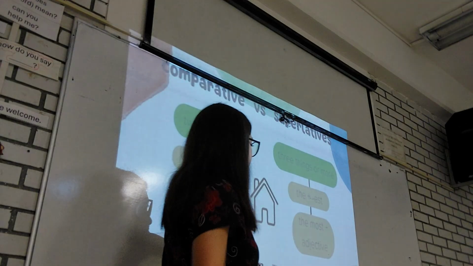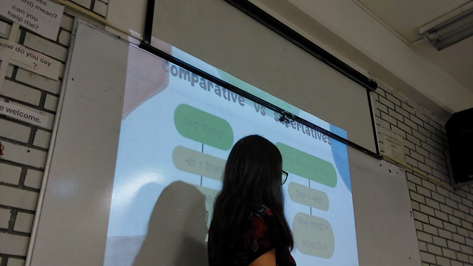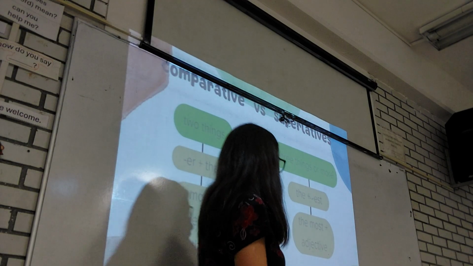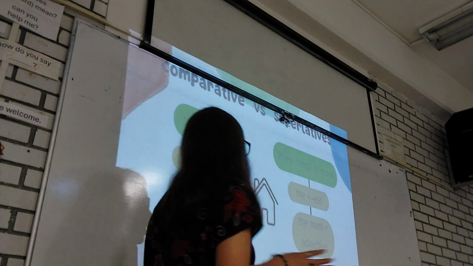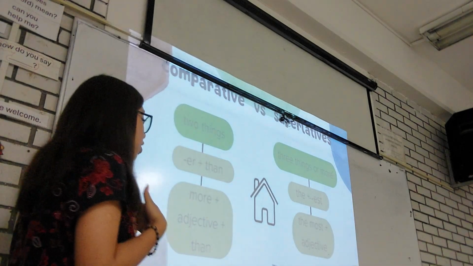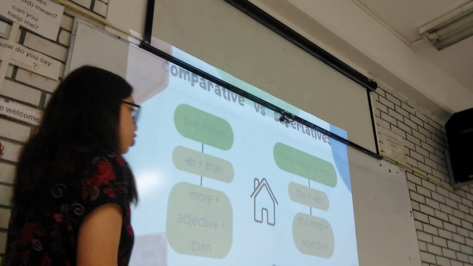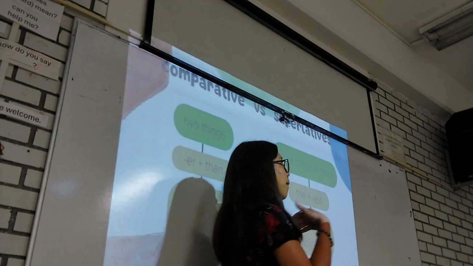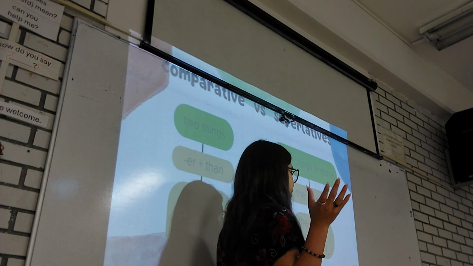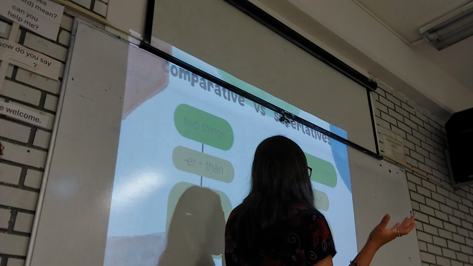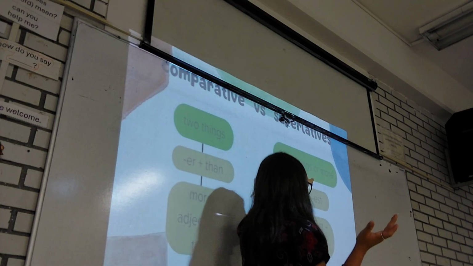Then we have this example that you are going to read together. 1, 2, 3. This is the biggest house in the city. Okay, so now this is not only 2 houses. I'm not only comparing my house with your house. Now I'm comparing some house with the whole city, with a lot of houses, so more than 3 things.